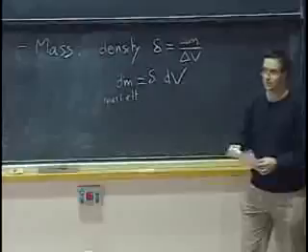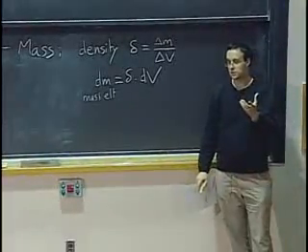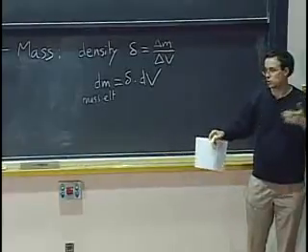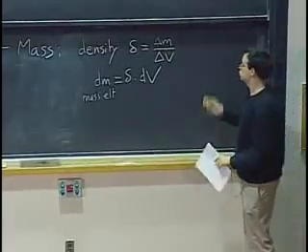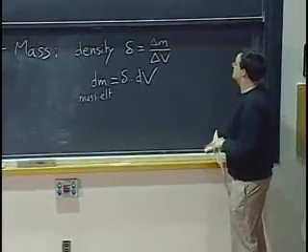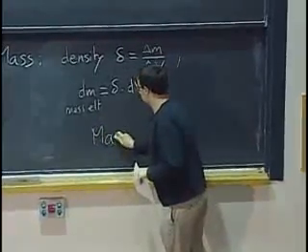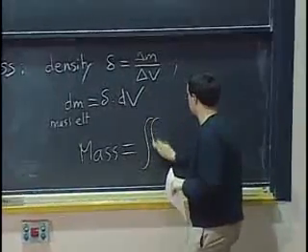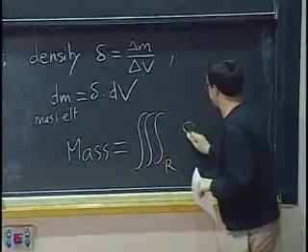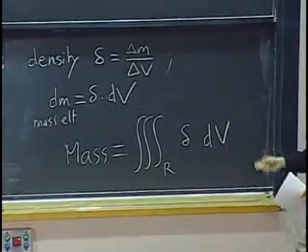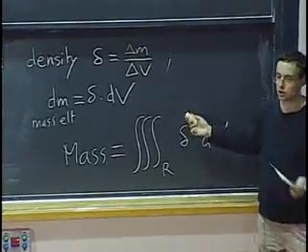Now this is the real physical density. If you're given a material, usually the density will be in grams per cubic meter or cubic inch or whatever. There's tons of different units. Then the mass of your solid will be just the triple integral of density dV, because you just sum the mass of each little piece. And of course, if the density is 1, then it just becomes the volume.